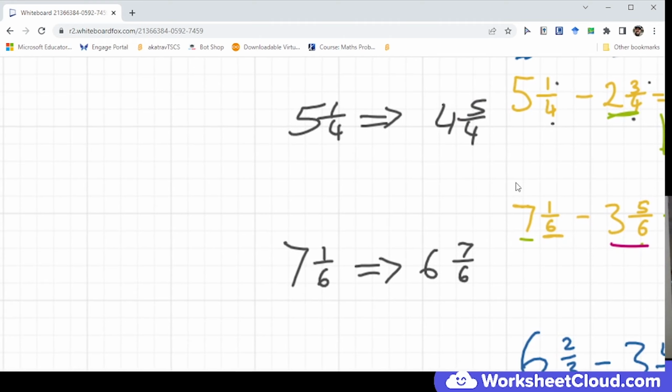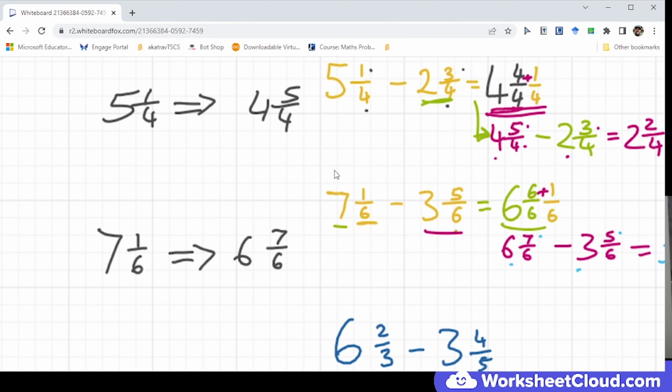Right, now we can focus just on the writing that I've got over here. Okay, so how are we going to get there in an easy way? All right, well, what I notice is that each time my whole number is going to go down by 1 because I'm borrowing from my whole number.